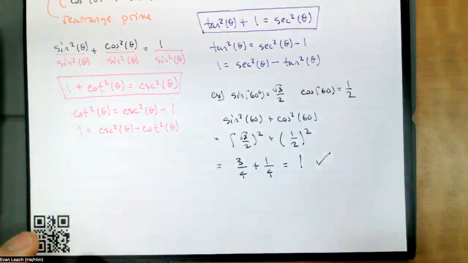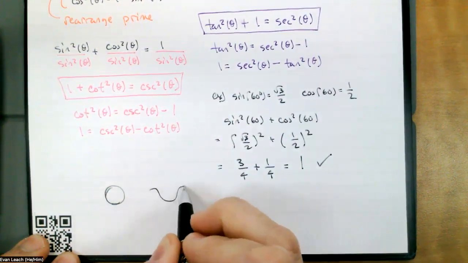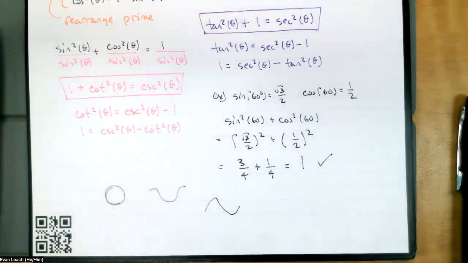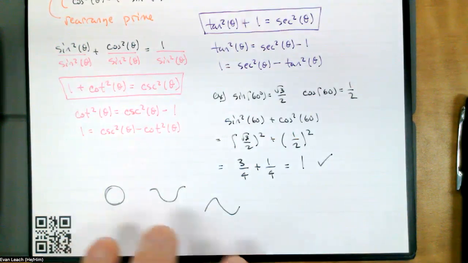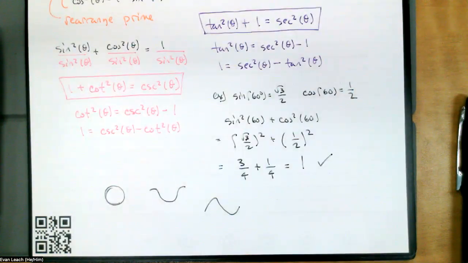Learn your unit circle, going all the way around. Learn your cosine, going through one cycle. Learn your sine, going through one cycle. Vast amounts of data, different ways of visualizing that data, different relationships in the data.